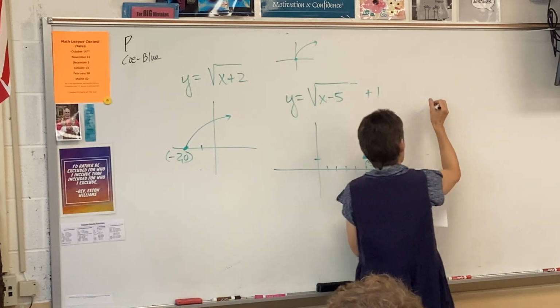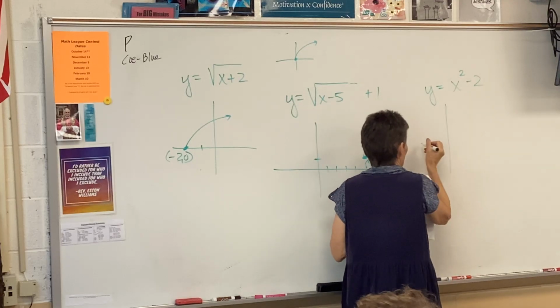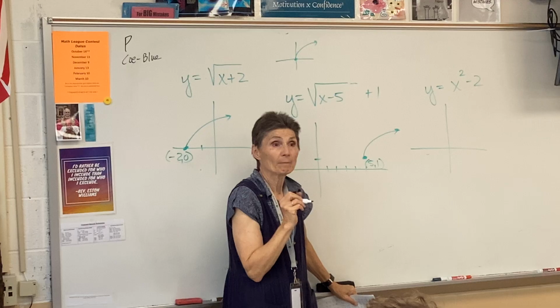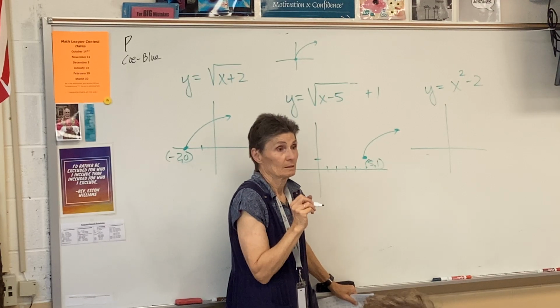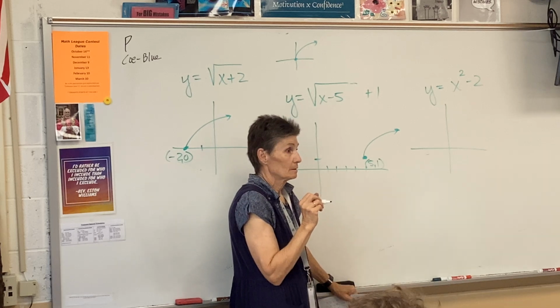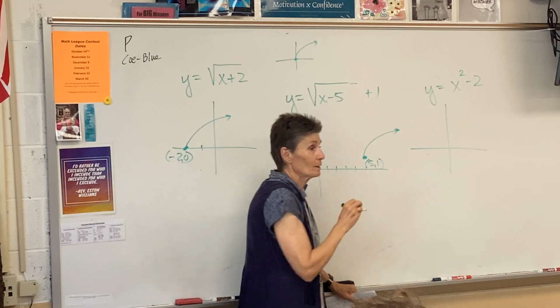Now C will be a different shape. What shape is C? Parabola. Moved. Moves to the left. No, right. Nope. Down. That's a down. What would it look like if it were left or right?